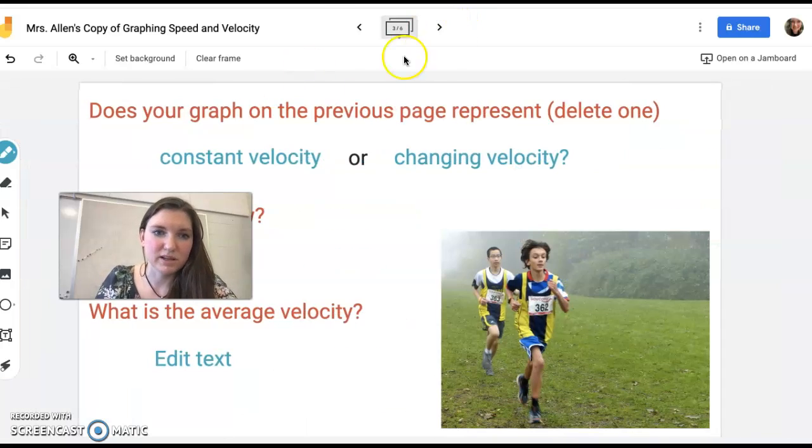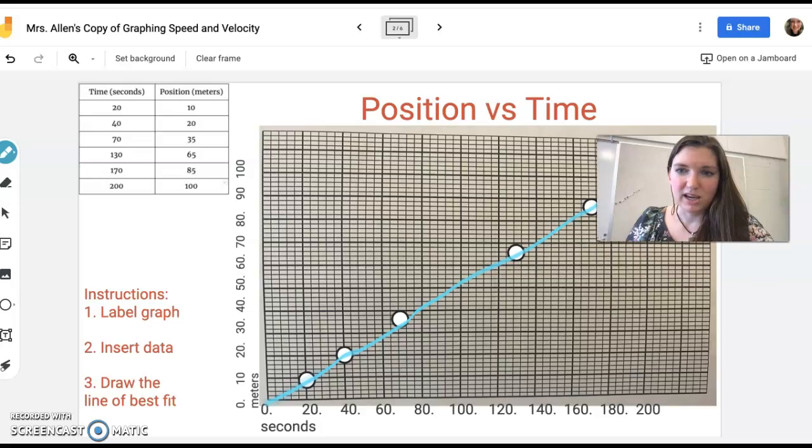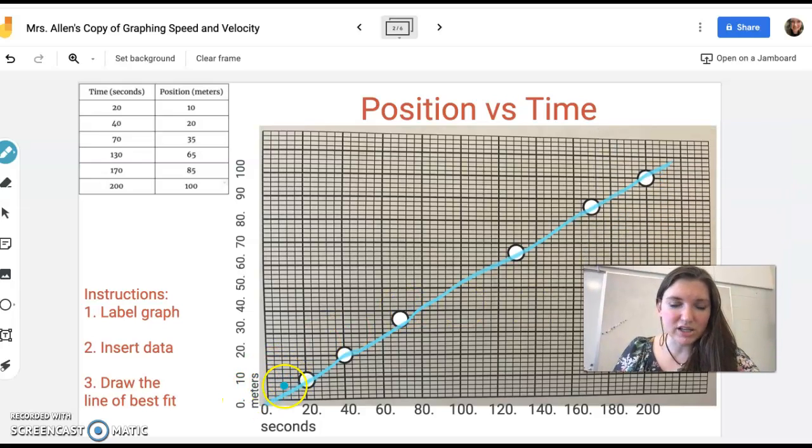Okay, next one. So does our graph represent constant velocity or changing velocity? So this looks pretty constant to me. If it was changing velocity, then you would see it go up at a steeper slope sometimes and maybe down at a slope sometimes, maybe flat sometimes. But this is very consistently going up at a rate of about 1 on the y-axis to 2 on the x-axis, 1/2.